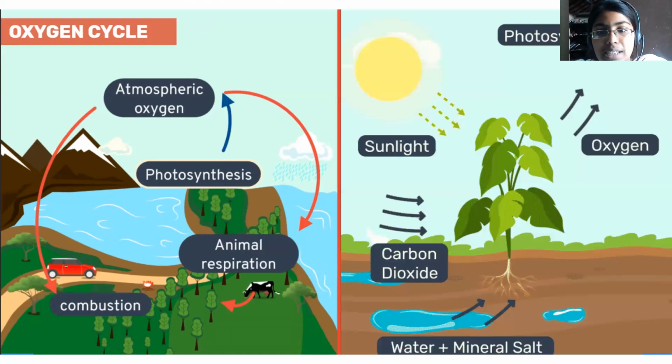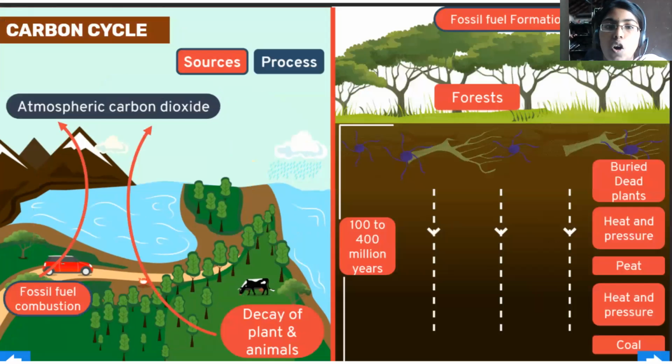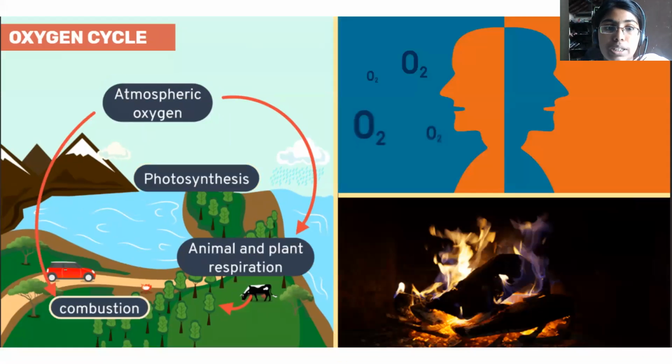By the process of photosynthesis, the plants will make their food and leave out oxygen. Next we'll go for our carbon cycle. First we'll complete our oxygen cycle. You could just write the points alone: atmospheric oxygen, animal and plant respiration, combustion, photosynthesis, with arrow marks. That is enough.